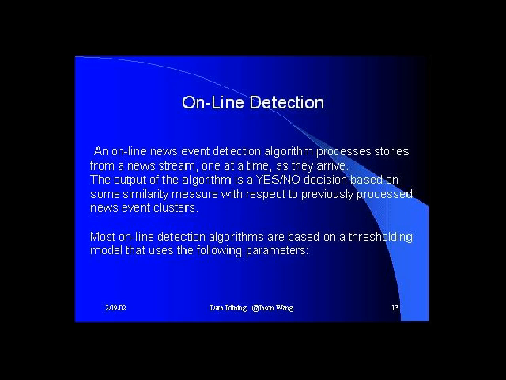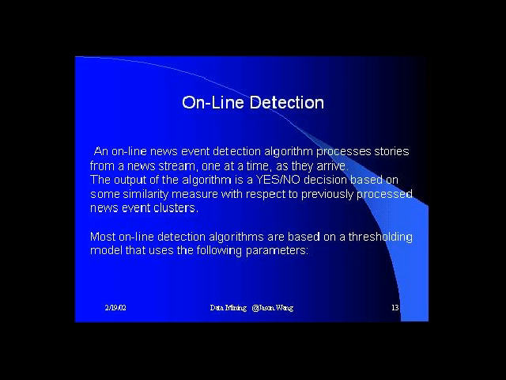Okay? And the online news event detection algorithm processes stories from a news stream, one at a time as they arrive. You keep on listening to radio or watching television, you see the new events, okay? New stories. And then you try to assign that story to one of the existing classes. You try to see whether that new story is relevant to any existing events or not.